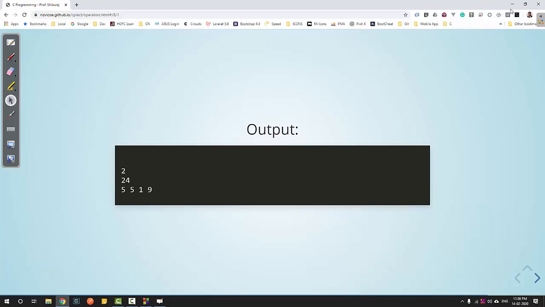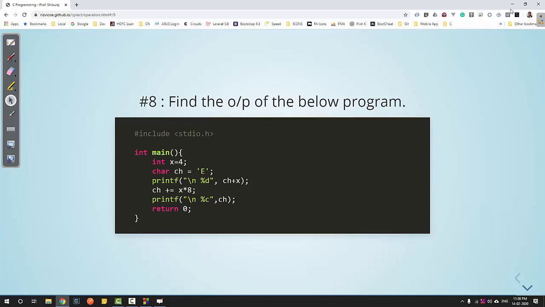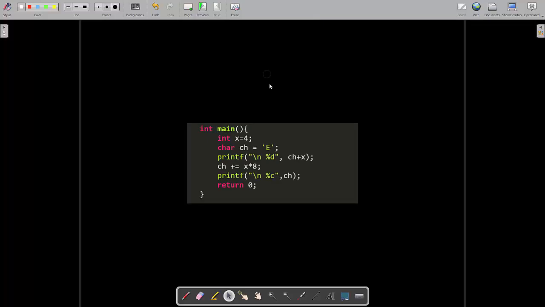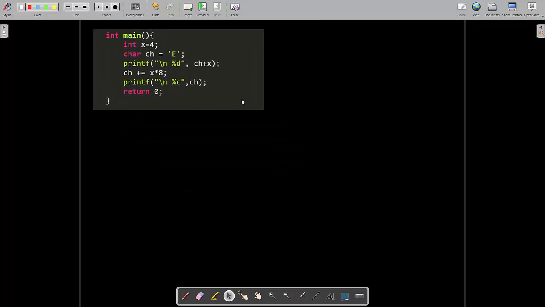So it is perfectly correct: 2, 24, 5519. So let's take one final problem on this particular topic. Let us take this code inside our board. Now this one is slightly different, and in fact it is very simple because characters are involved.